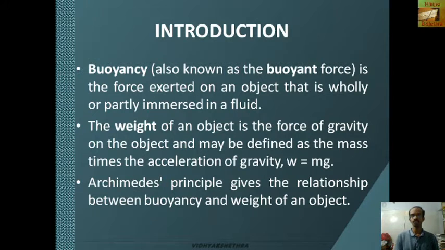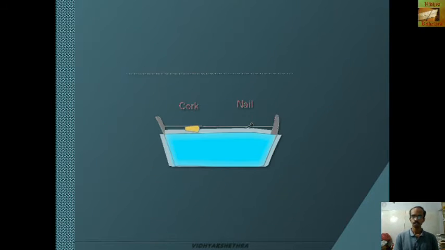Okay, now we can see a figure. In this figure, we can see that the cork floats while the nail sinks to the bottom. The forces acting on these objects are, one is the upward force by the liquid and second is the force of gravity.